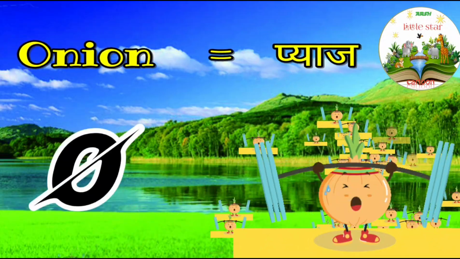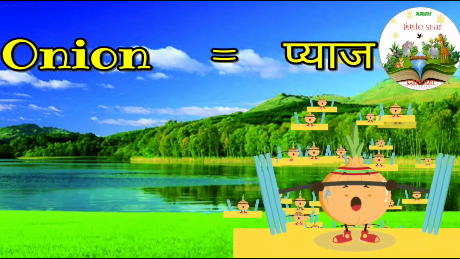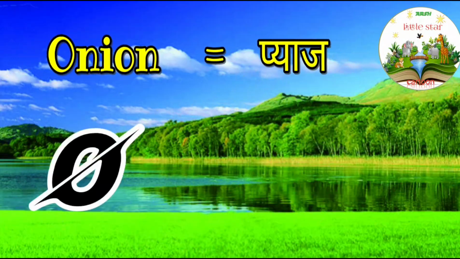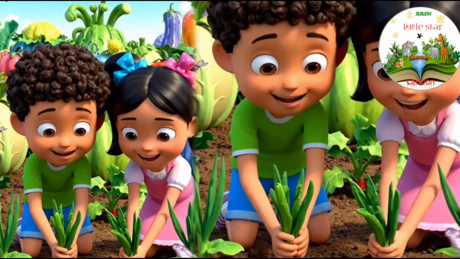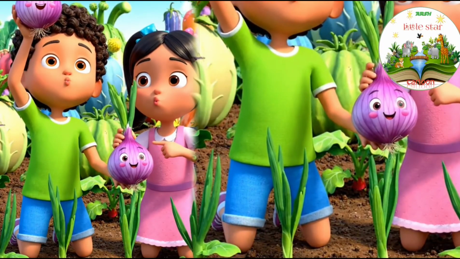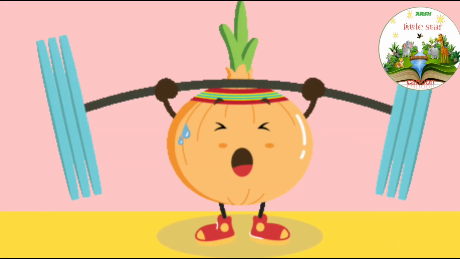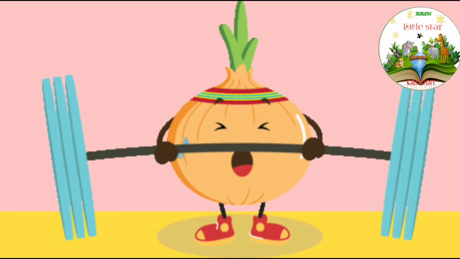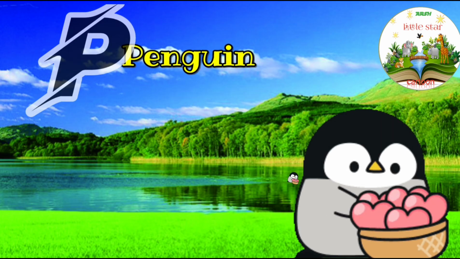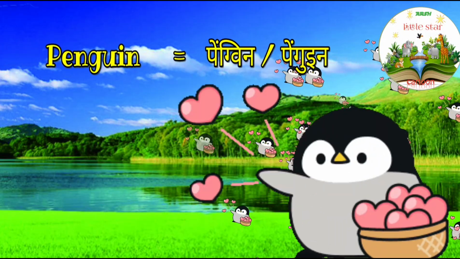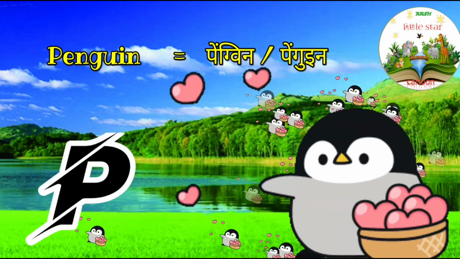O for onion. Onion means प्याज. P for penguin.